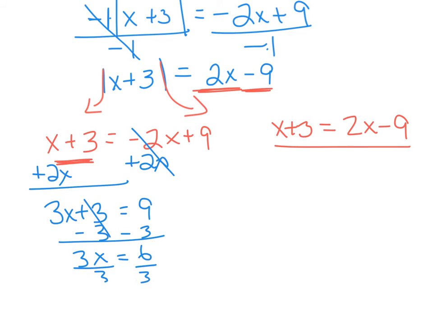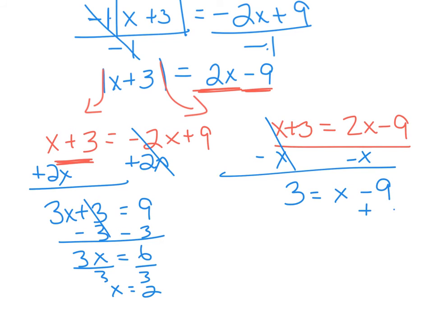So for this one, x is 2. And then for this one, x is 12. Now we're going to focus, like I said before, we should focus on that check to make sure that this works.